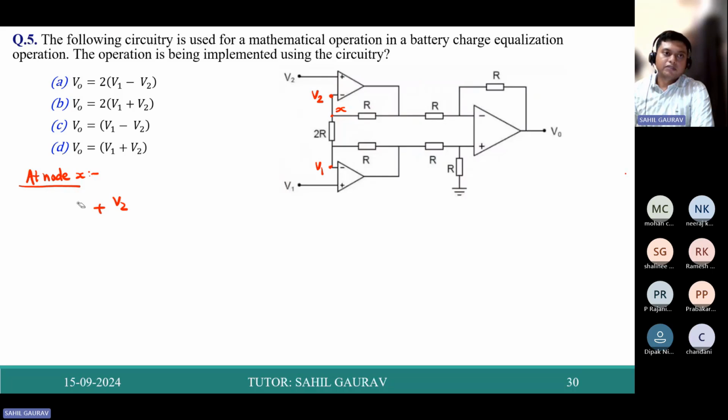Let us assume the current direction this way: V1 minus V2 upon 2R plus V2 minus V3 upon R equals 0, where we take this voltage as V3 and this voltage as V4.